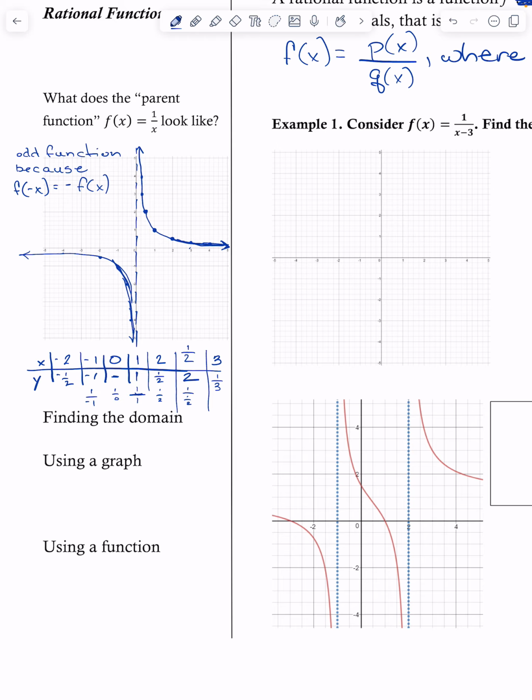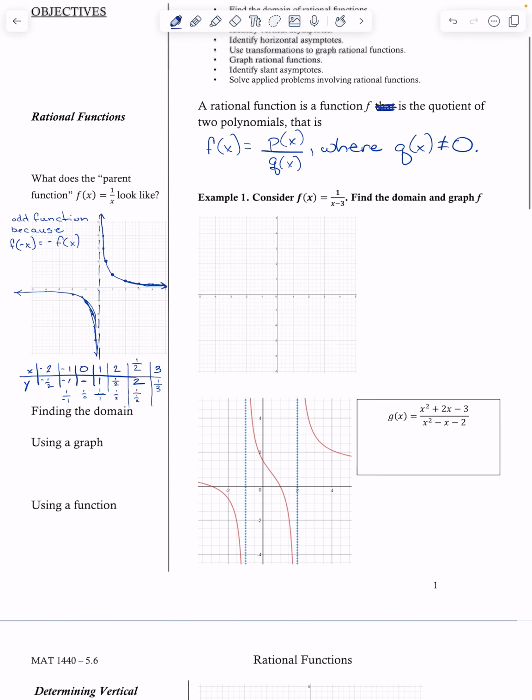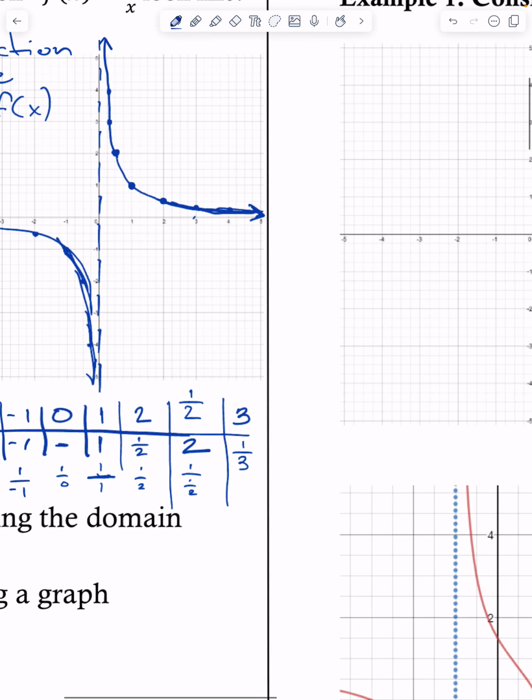I do want to talk about the arrow notation, as long as we have our standard graph here. This is what you're going to see. As x goes to infinity, that is, our x's are heading out this way and getting bigger, our y, or our f of x, goes to 0.